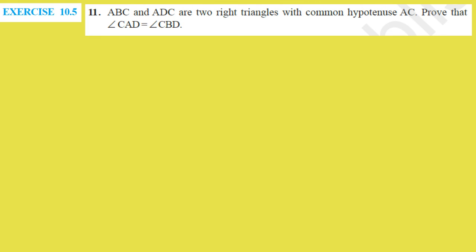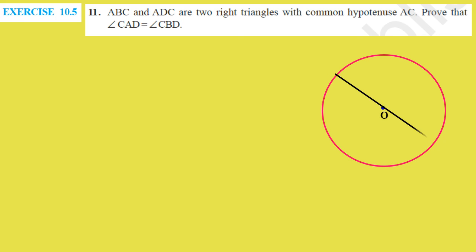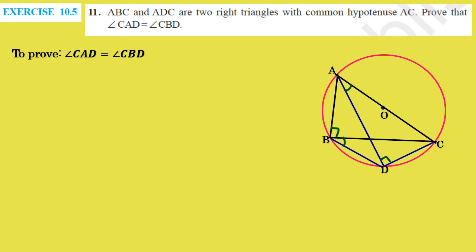Now moving on to question 11. ABC and ADC are two right triangles with common hypotenuse AC. Prove that angle CAD equal to CBD. So let us first draw two right triangles. Okay, two right triangles are there, and what we have to prove?